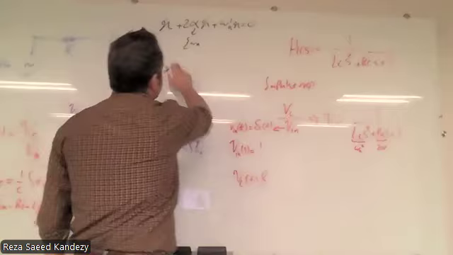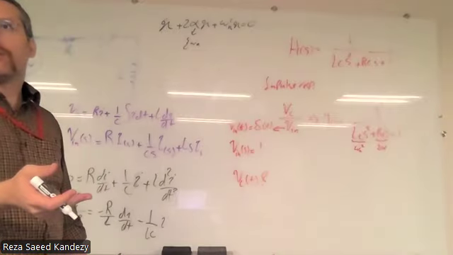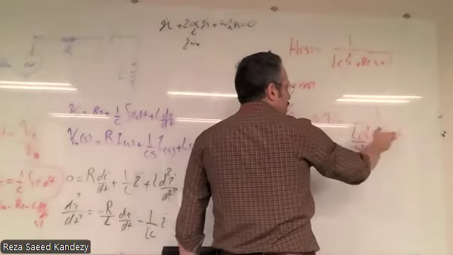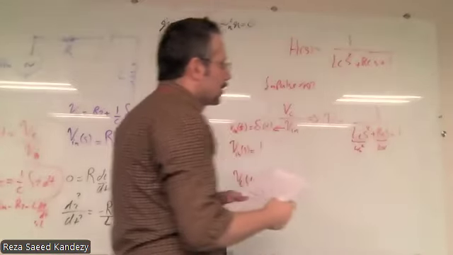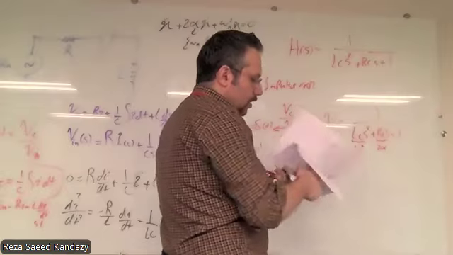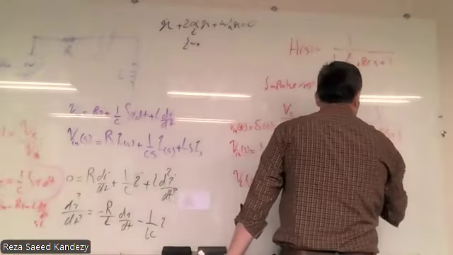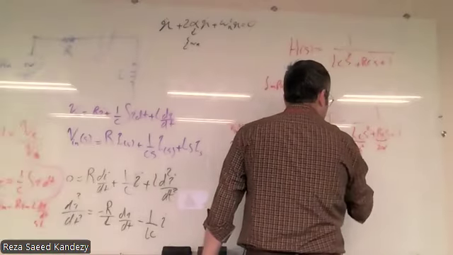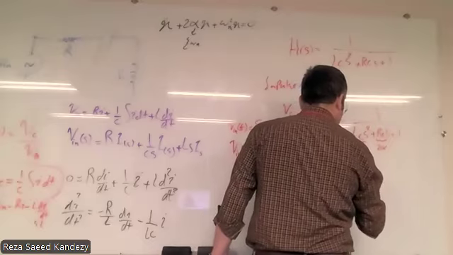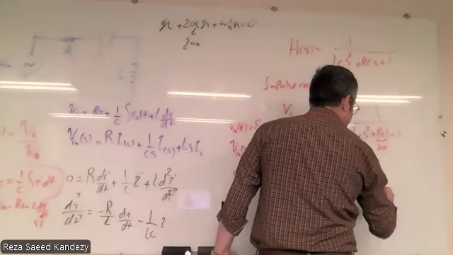That's why I named these two alpha and omega n, because I want to follow the standard representation of a second order equation. Now, let's play with this equation and see what type of function we are going to end up with. First, we make this a standard equation, so it's s squared plus R over L s plus 1 over LC.